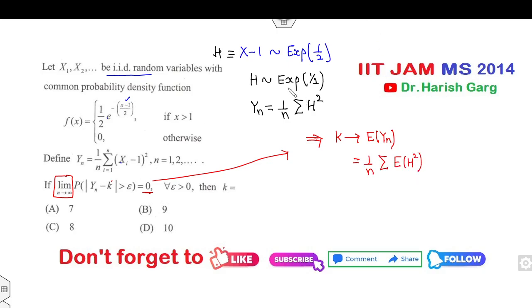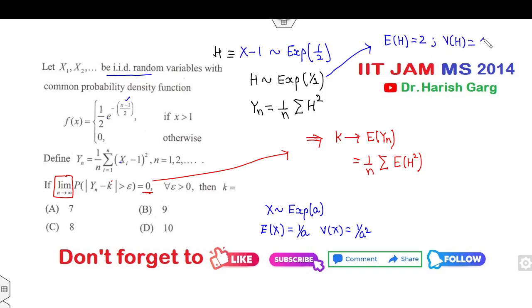Fine. Now can you find the mean of h? It is 1 over lambda, because if x follows the exponential distribution with the parameter a, what is the mean of x? 1 over a. What is the variance of x? 1 over a square.